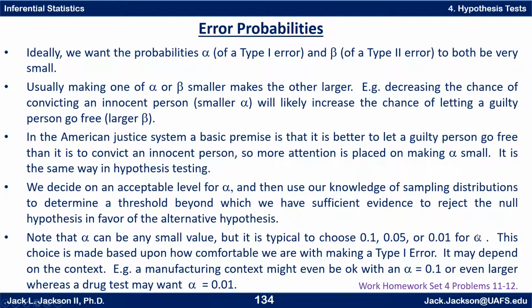But in any event, that value has to be either chosen or it may be given to you in the problem. So now that we've gone over the basic concept, over the next video or two, we're going to learn how to develop the techniques for hypothesis tests, and then we'll get into some examples.